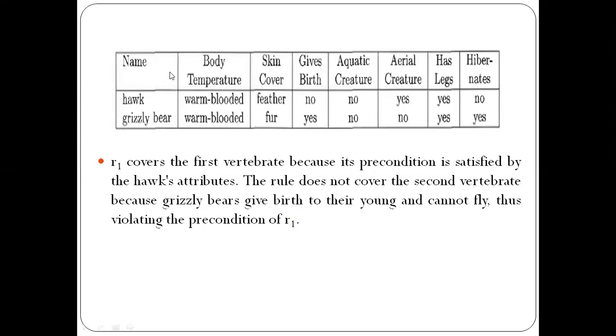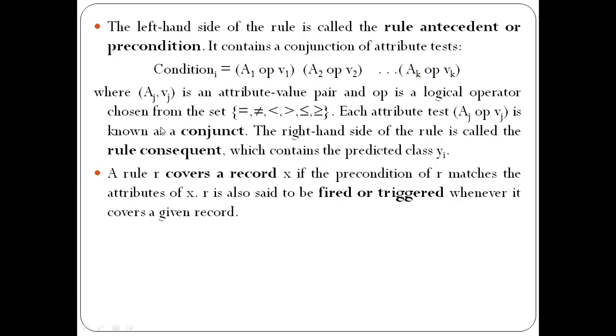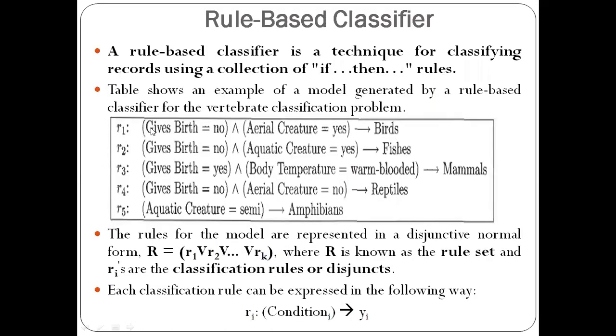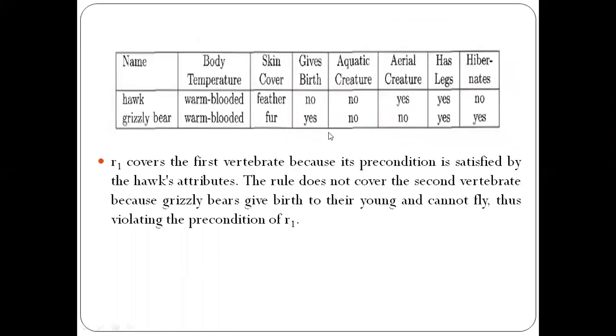In the same way, if we come to the second one, the grizzly bear, it does not trigger the rule R1. The precondition of R1 is gives birth is equal to no and aerial creature is equal to yes, but for the grizzly bear, gives birth is yes.